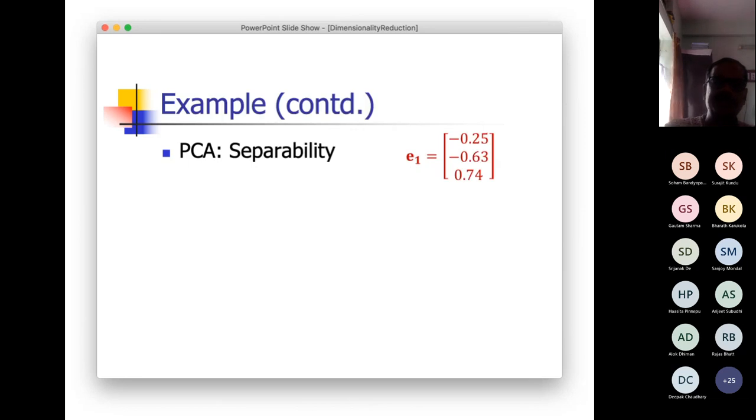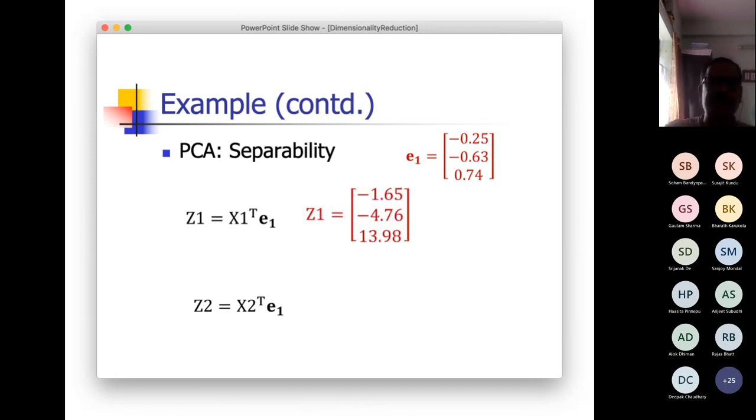In PCA, suppose I am using one of these principal component directions, and I'm taking the projected data points in that direction. You can see that the range is 14.05 to 16.18 for Z2 and minus 1.65 to 13.98 for Z1.